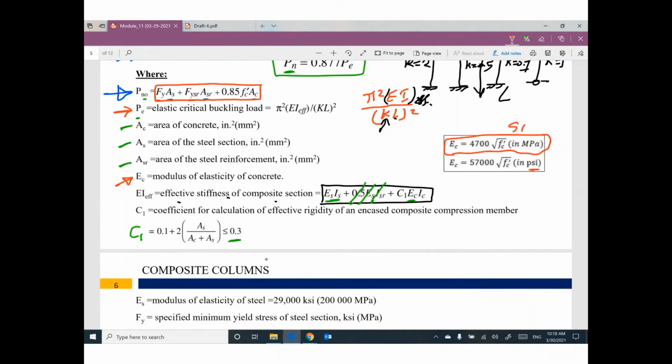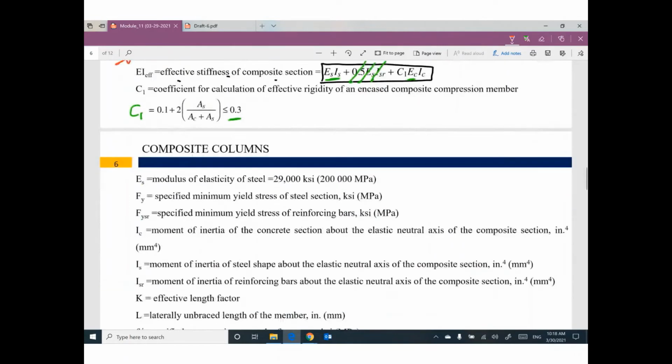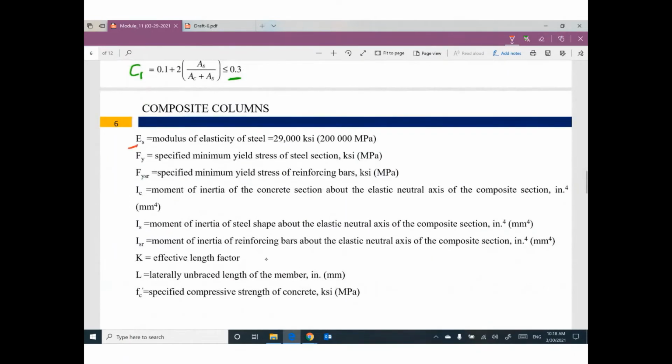Or the first equation if your unit is SI. We will use this one. And also keep in mind the Young's modulus for steel: 29,000 ksi or 200,000 megapascal, Newton per millimeter squared. Most of the time we are using this one.